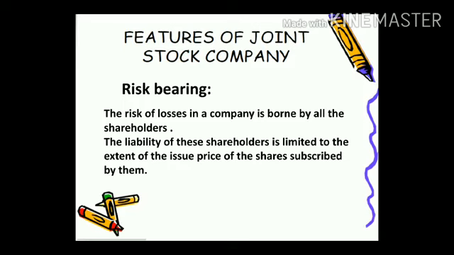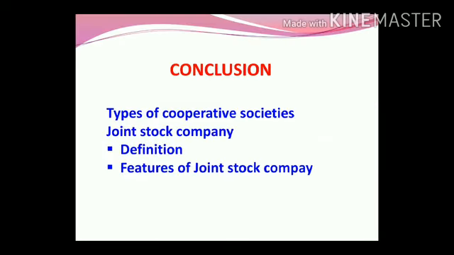Students, let's conclude today's section by recollecting important topics. Today, at first we discussed different types of cooperative societies. The different forms of cooperative societies are Consumers Cooperative Society, Producers Cooperative Society, Marketing Cooperative Society, Farmers Cooperative Society, etc. Then we discussed the joint stock company. How can we define the term joint stock company?